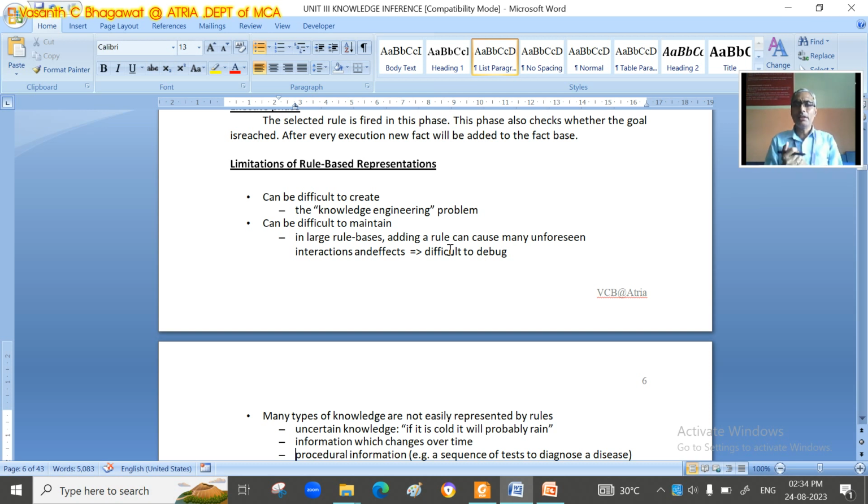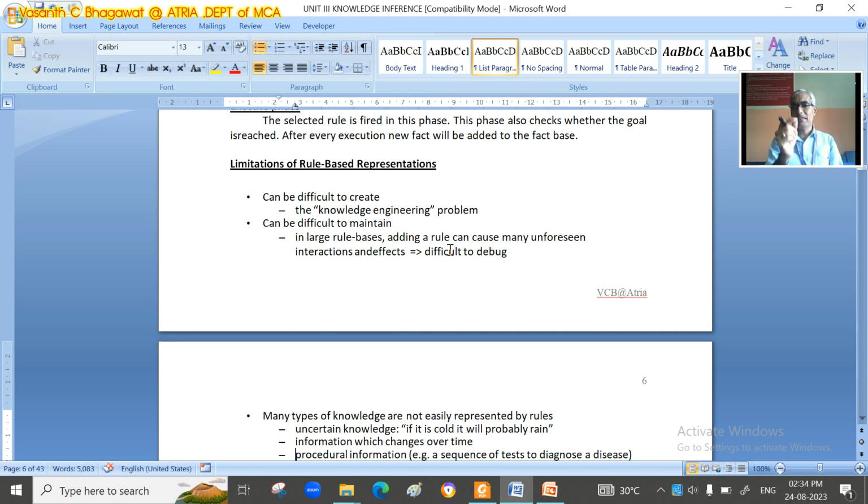The second limitation is that it can be difficult to maintain. As the knowledge base increases, it becomes too difficult for us to maintain, to keep adding new rules. Also, many types of knowledge are not easily represented by rules, because certain knowledge is very uncertain, whereas a rule should be very certain.